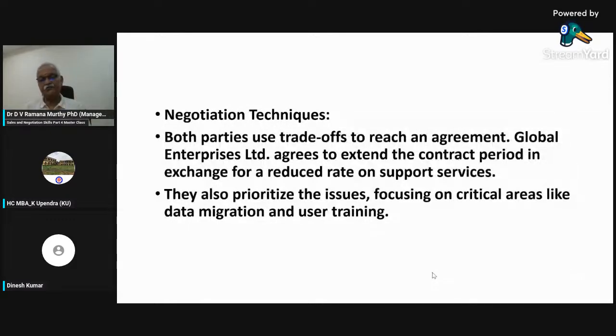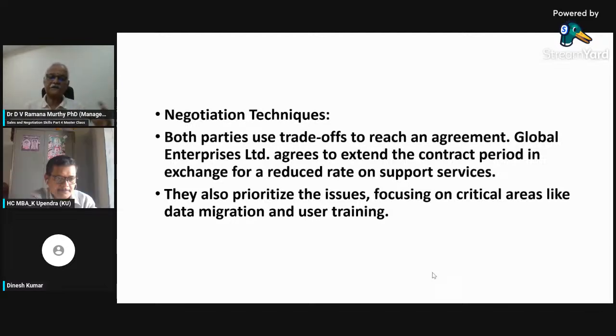What is the advantage you have? What is the advantage the client will have? The sales organization will be looking from their own perspective, and the client organization also from their own perspective. So ultimately there will be a common ground to reach, and there can be a chance where agreement can be reached.